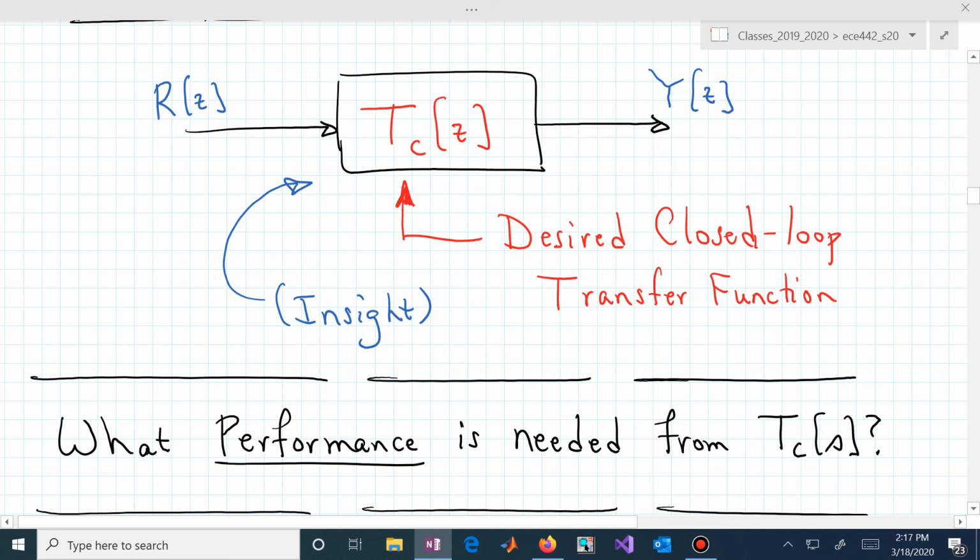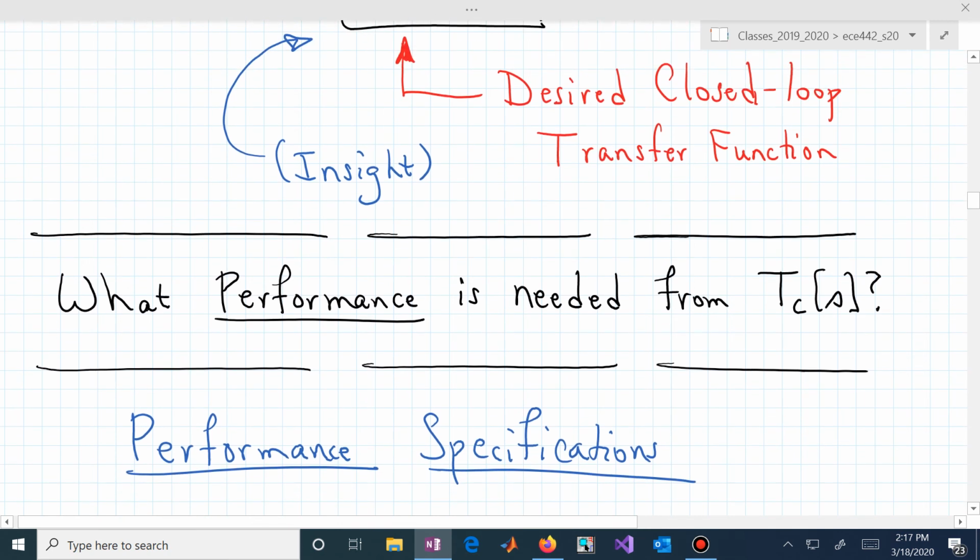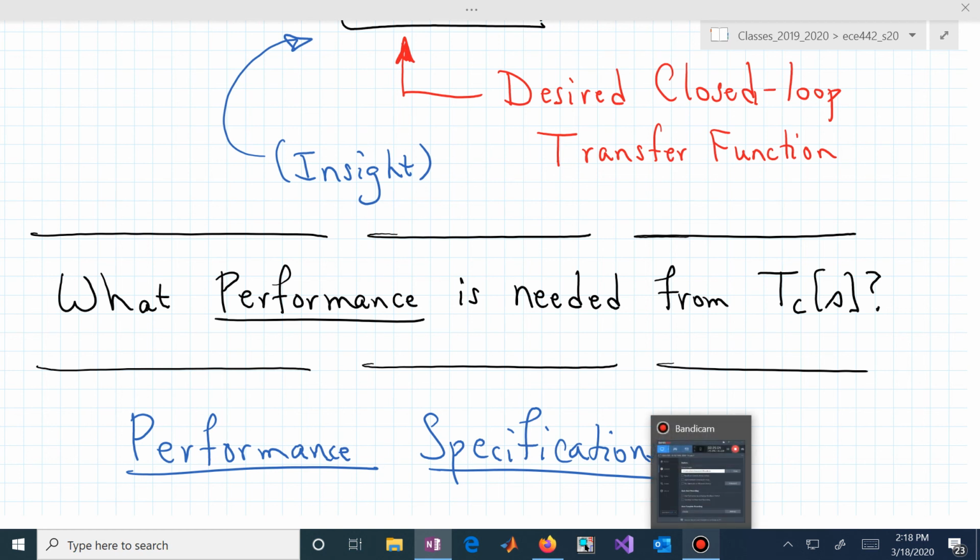So what is the rise time or the peak time? Those are some performance characteristics that we might want our desired closed loop transfer function to possess. So we now need to be able to, being given performance specifications, translate that into a desired closed loop transfer function and use that to specify our controller capital C of z. And that's where we're going.